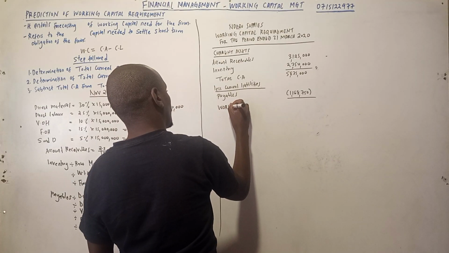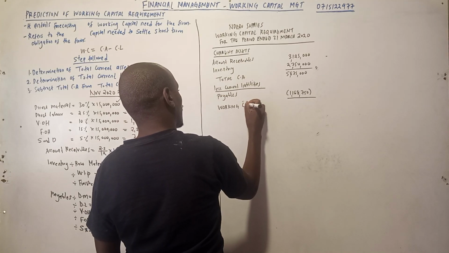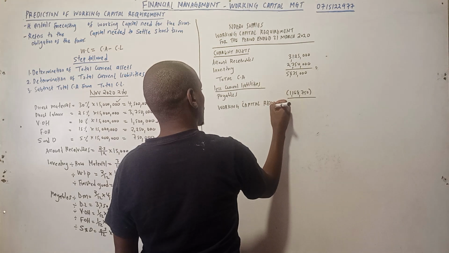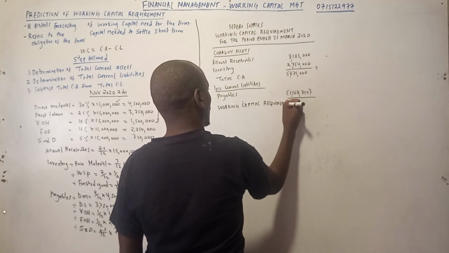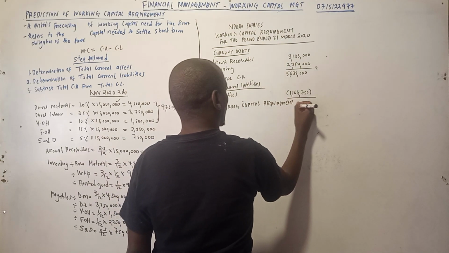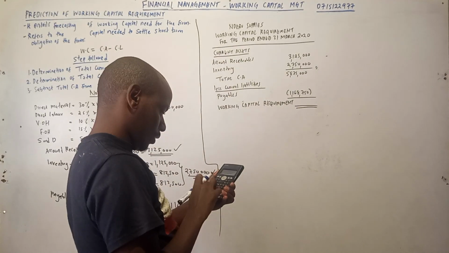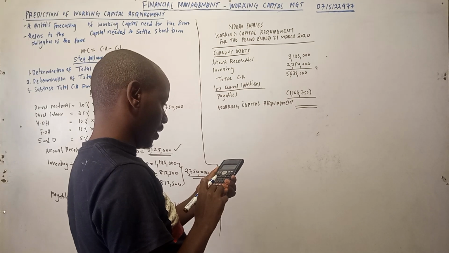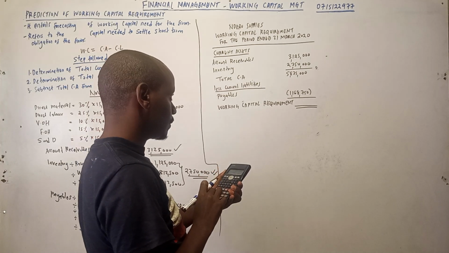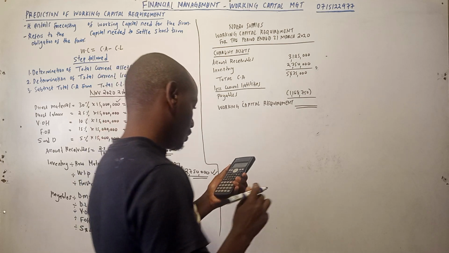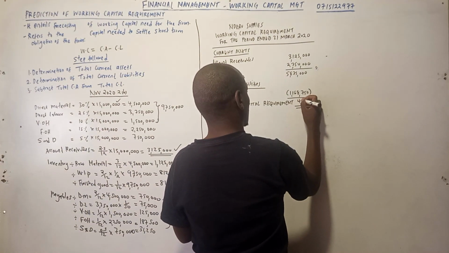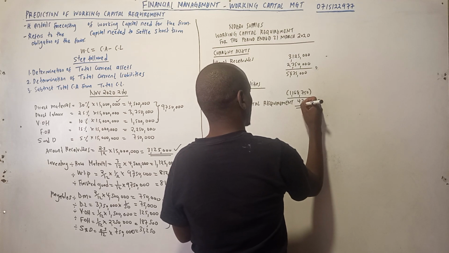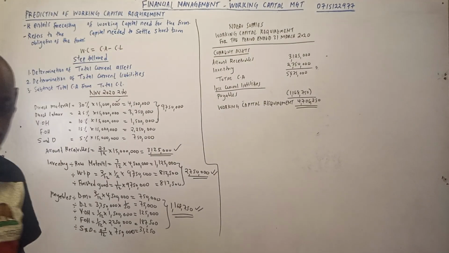So it will be 5875,000 minus 1168,750. So the answer is 4706,250.